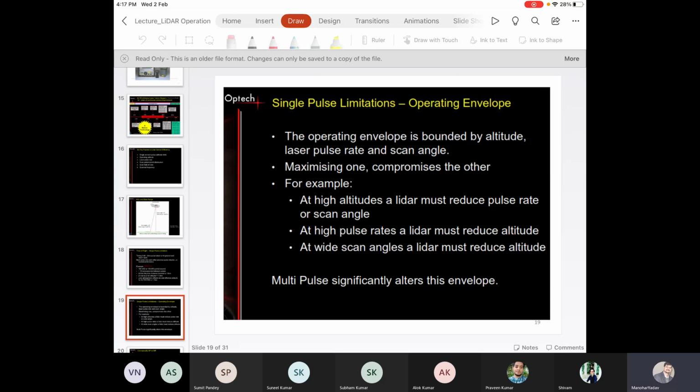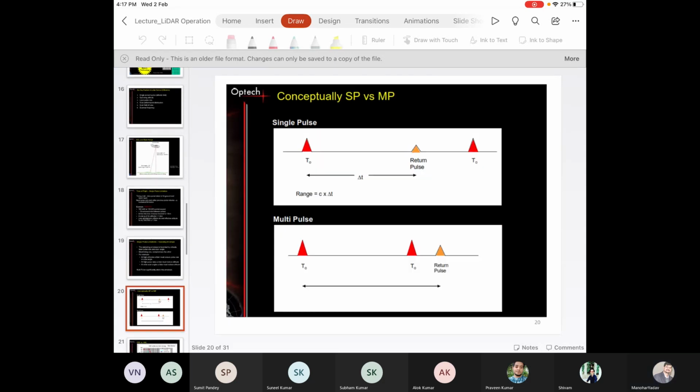PFR is inversely proportional to H. H is the flying altitude. So if you want to increase the flying height, you need to compromise in terms of laser pulse rate. Okay, so this multi-pulse significantly alters this envelope. It means this bounding.